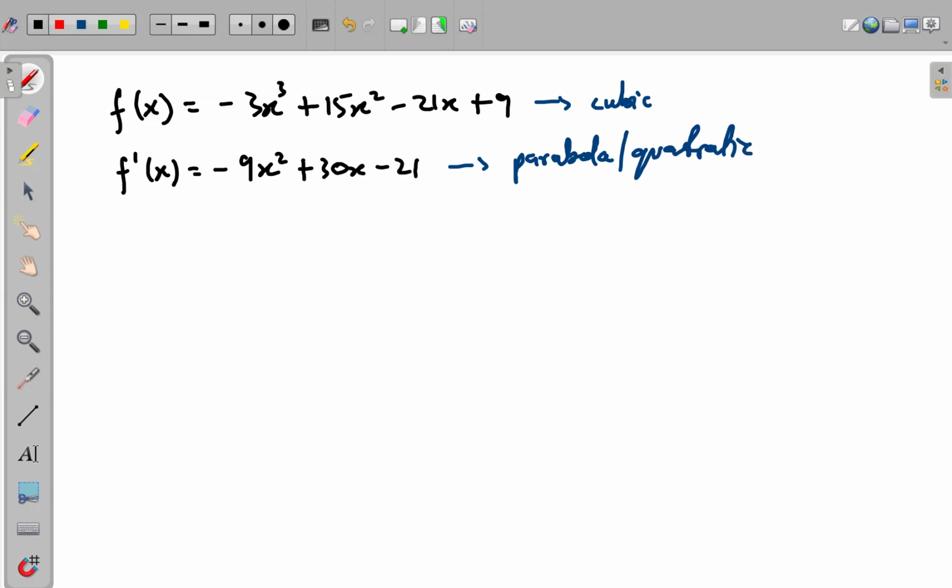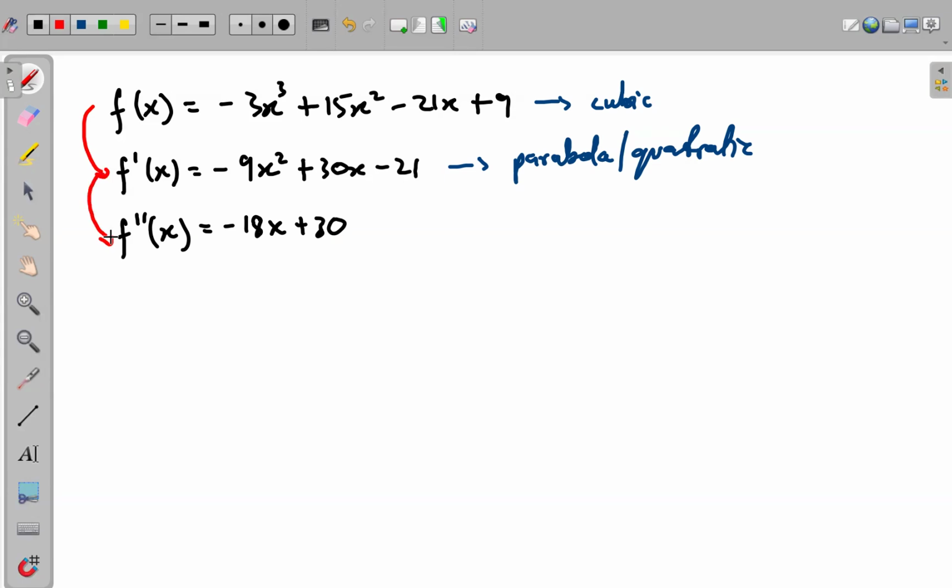And if I take the second derivative, it is negative 18x plus 30. That's what it becomes. It is very important that we note these relationships. So the same cubic function can get you a parabola, and that can get you a straight line.